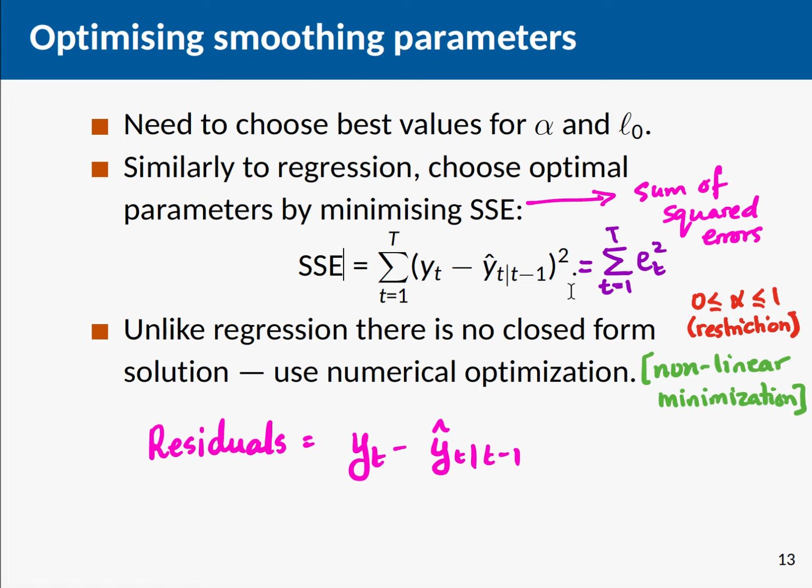Errors, because you haven't estimated the model yet, but you are subjecting this method to the restriction where alpha is going to lie in the 0-1 interval. Because regression analysis has closed form solutions, but in this case you don't have that, we use numerical optimization techniques. In particular, we use nonlinear minimization.